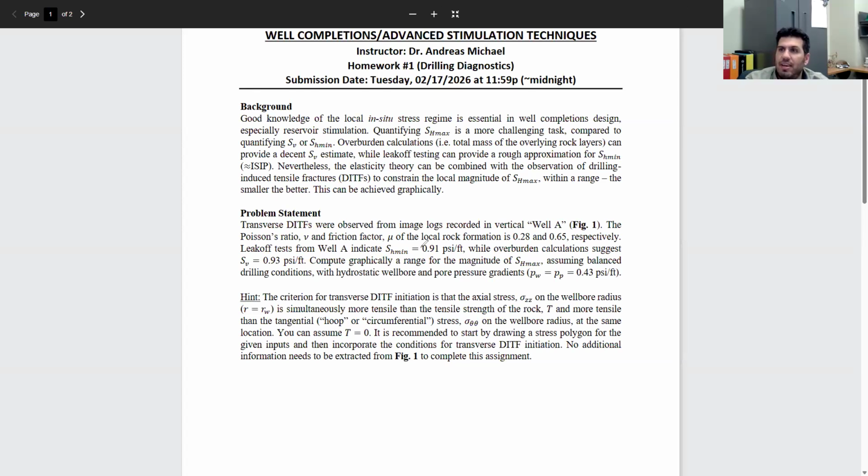SH mean equals 0.91, and SV is equal to 0.93. So if you combine the two, you can get a value for X equals something, and it's going to look a certain way on the plot. So you are going to be able to constrain the SH max better. And you'll be able to read a very narrow range on the y-axis.